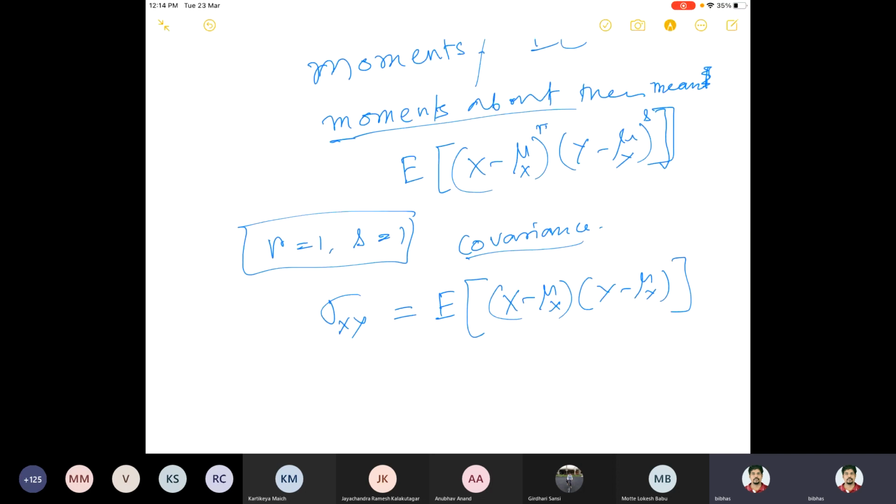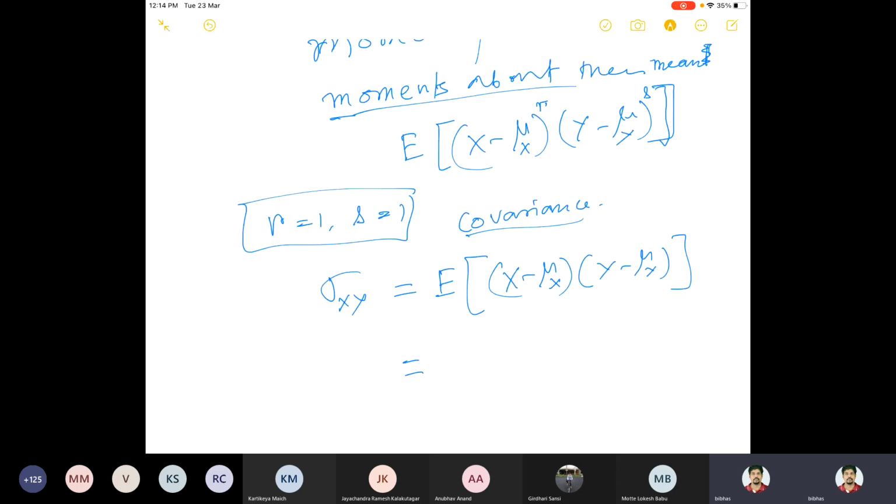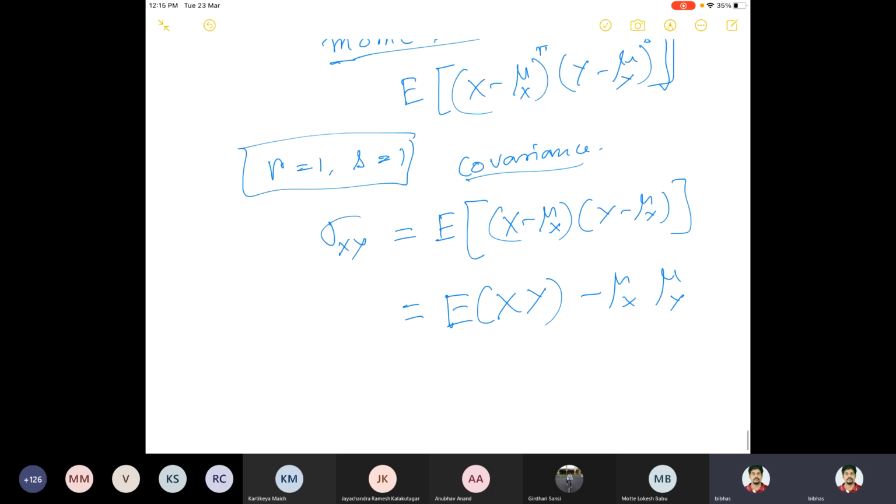And this will be nothing but the expected value of the product of the random variables x and y, so the expectation of x times y minus mu x mu y. This is what we discussed yesterday.